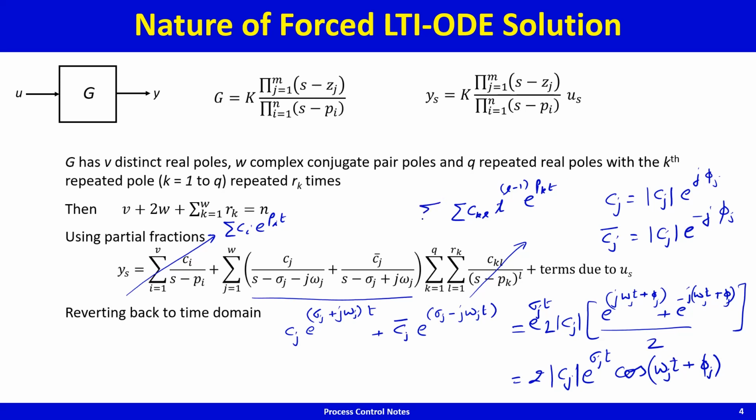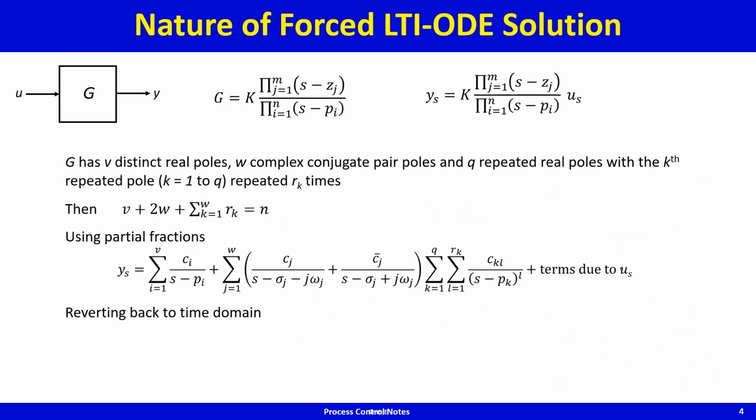So you take the sum over each of the repeated roots, so sum over k and sum over L. That's what this will go to. And then of course you'll have terms due to U(s). For example, if U(s) was a step forcing function, you would get a constant, a particular solution, which has the same form as u.